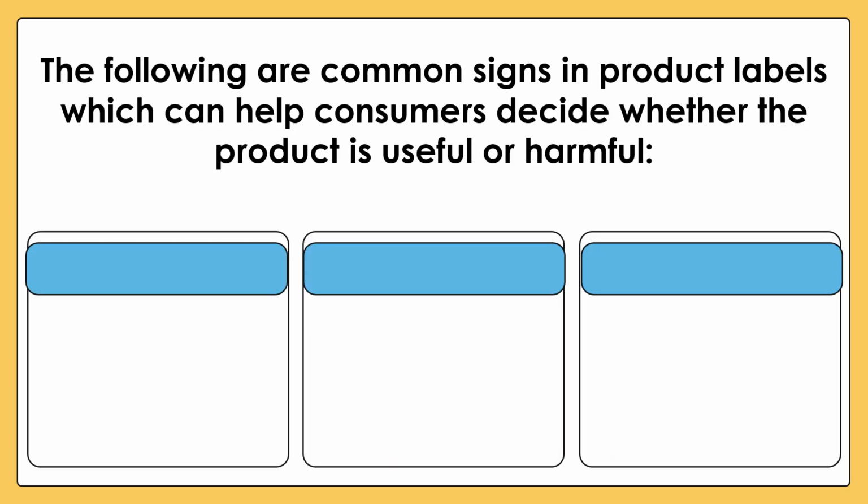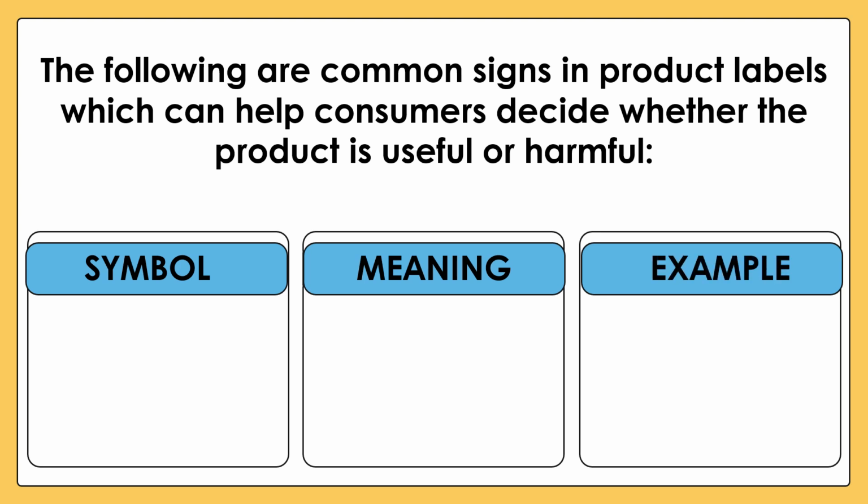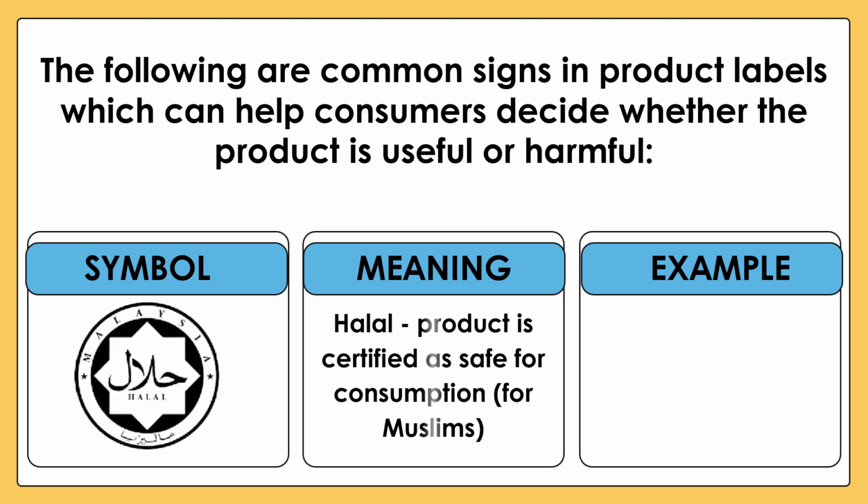The following are common signs in product labels which can help consumers decide whether the product is useful or harmful. So we have here the symbol, meaning, and example. Let's try to look at it one by one. The first one is halal. Halal product is certified as safe for consumption for Muslims.